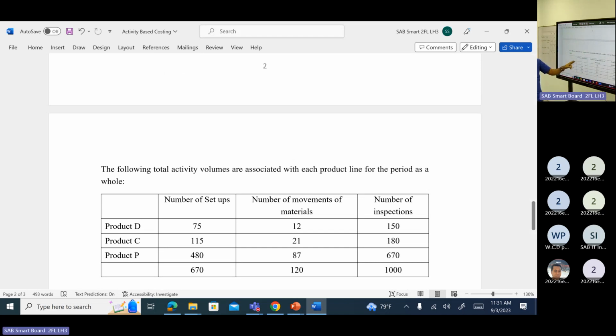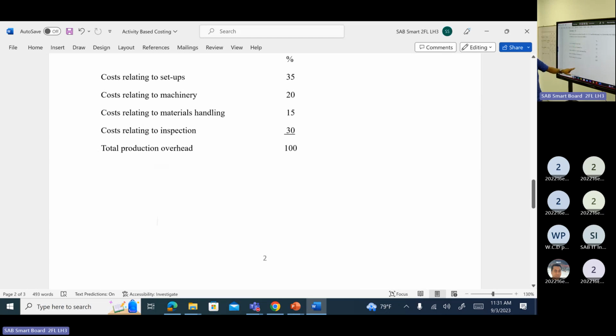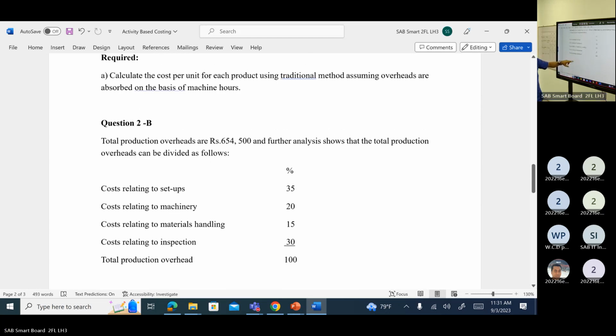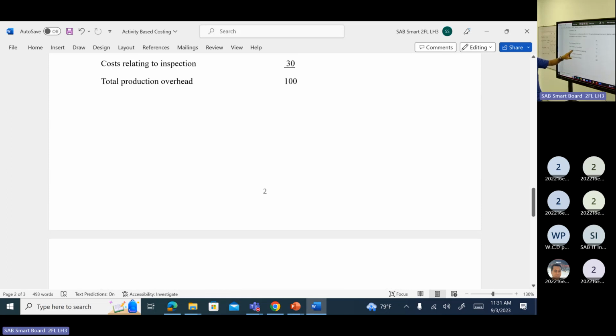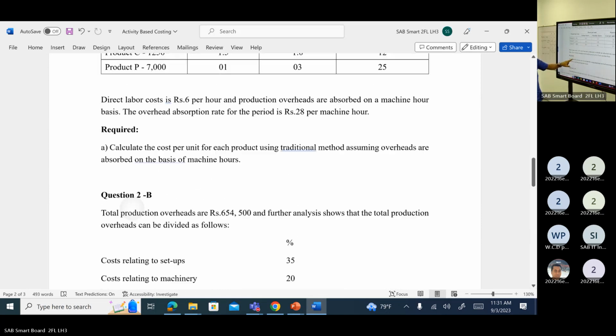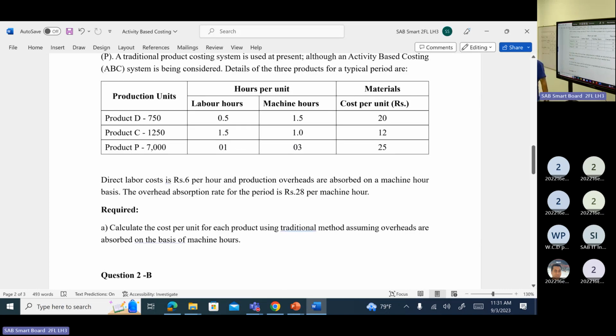So you can find the total setup cost for product D, and the total number of units producing product is 750. We can find what is the per unit cost.